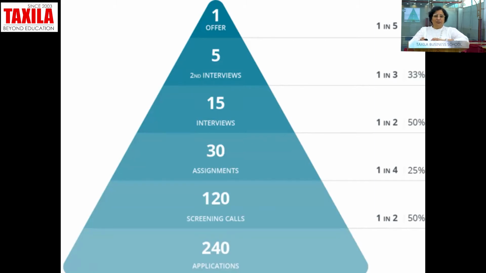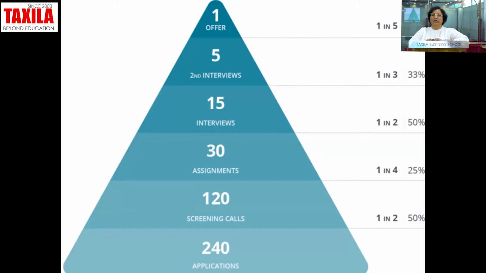You had 240 applications, right? Where the recruitment ended and the selection process started. Out of these 240 applications, screening calls were made to 120 people. That means 120 applications were eliminated, only 120 calls were made. So the ratio is 1:2.